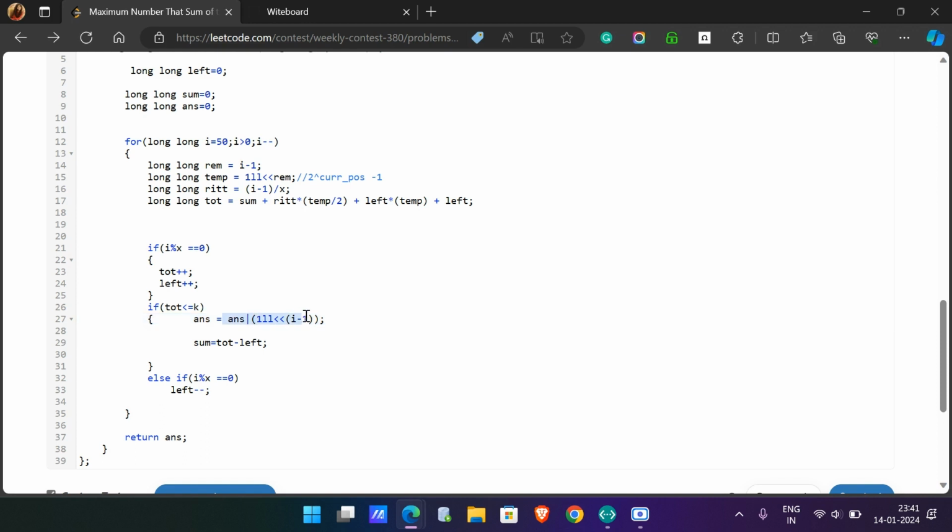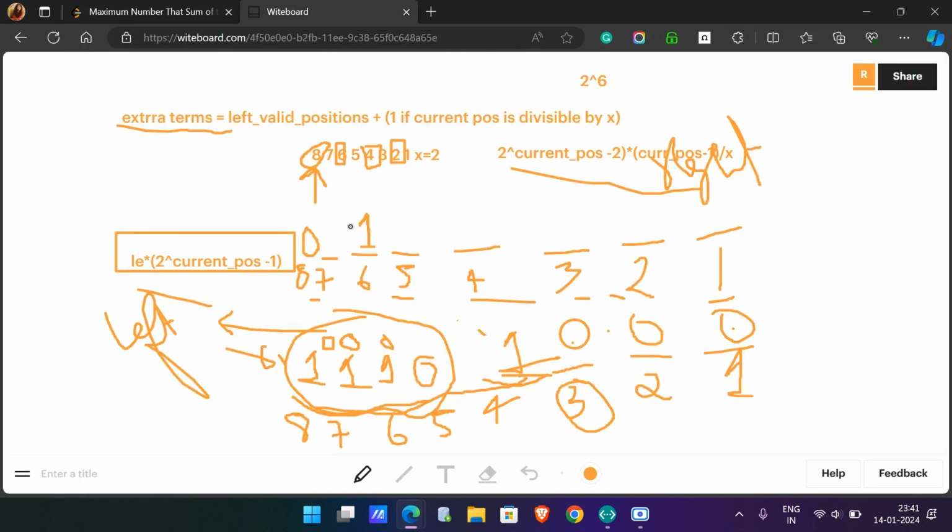So I'm doing the same thing, like answer OR I minus one because it's zero based. So I'm doing OR with one. And now my sum would be total minus left. Why am I doing total minus left? It's because I'm reducing those extra terms. Why am I reducing those? Because I am just assuming, am I able to put one over here?